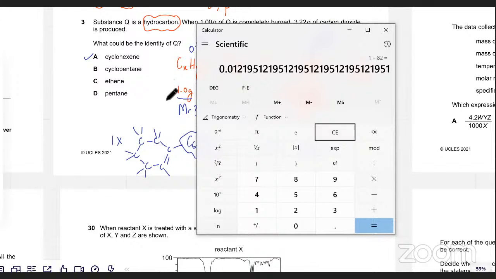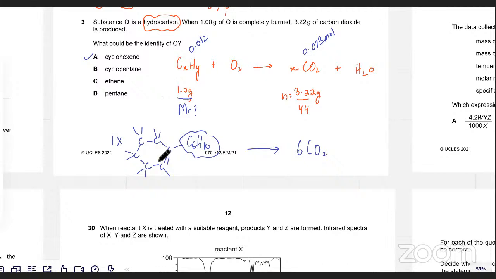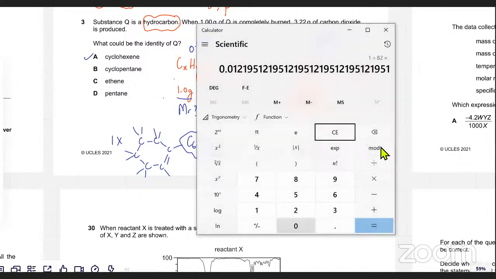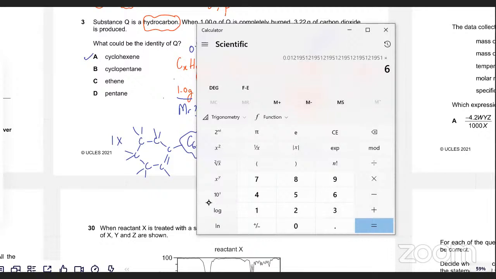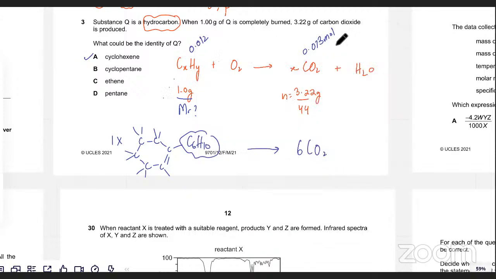So the ratio is, whatever moles you have over here, the moles of carbon dioxide that would be produced would be 6. It would be 1:6. So the moles of carbon dioxide would be 6 times more. So I'm going to multiply this by 6. What do I get? I get exactly 0.0731, the same number. So it is 1:6. Is this point clear?